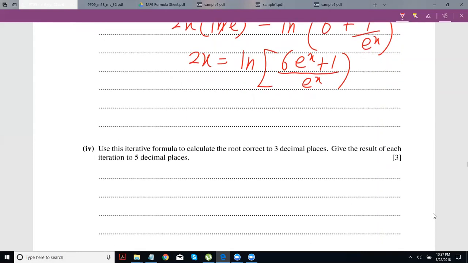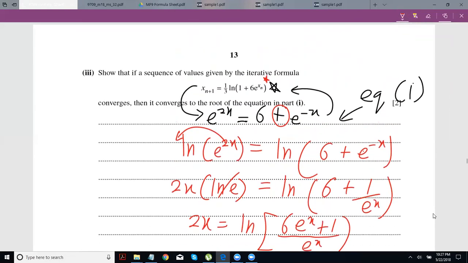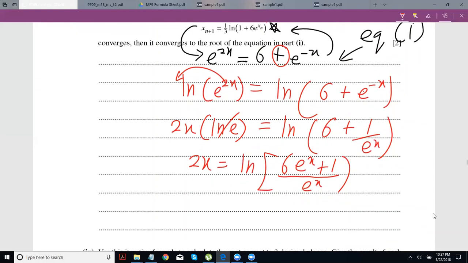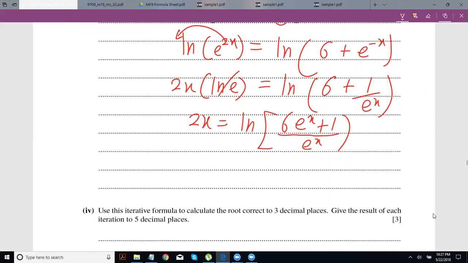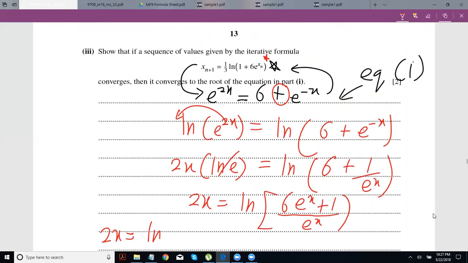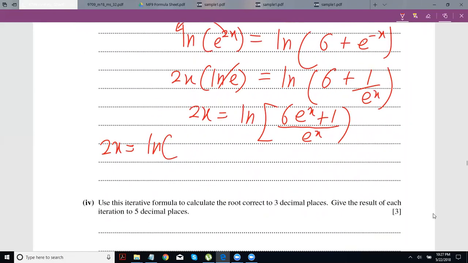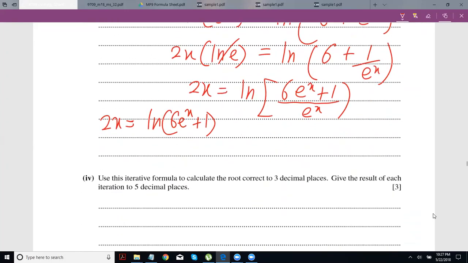Now this is interesting. Do we have a minus 1 here? We don't really have a minus 1 here. But what I think I can do is simply write this as ln, and let's write this as 6 e power x plus 1, because then I've got at least part of my thing proved, so at least I have something in the bag.